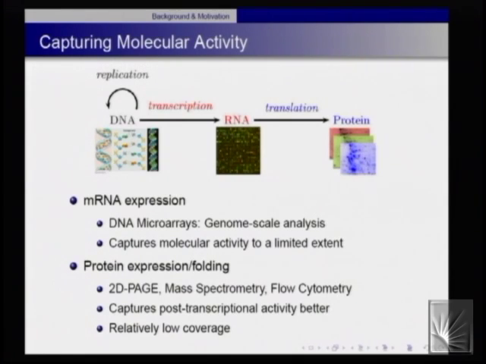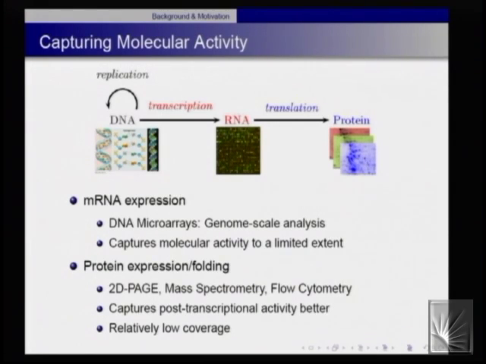DNA is the hard code. It is transcribed into RNA, and it's translated into proteins, which are the active molecules mostly. So by sequencing, you can, on a quite large scale and in a high quality manner, understand what is there in the hard code.